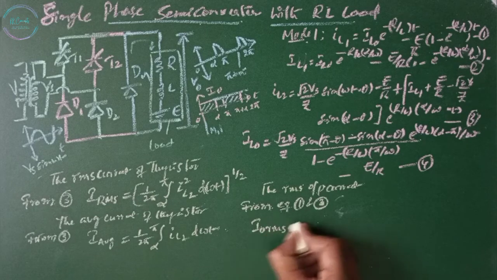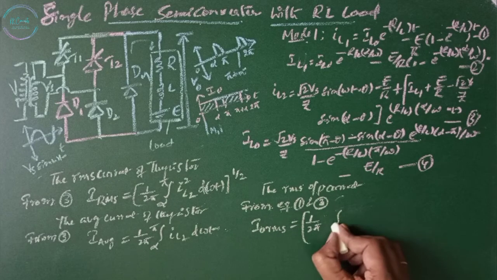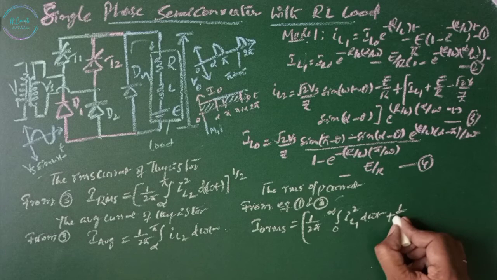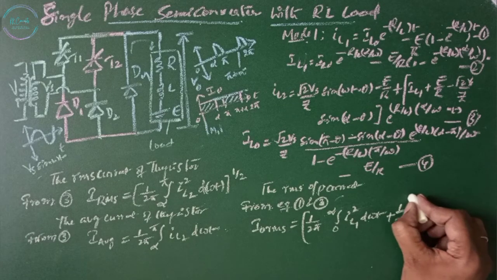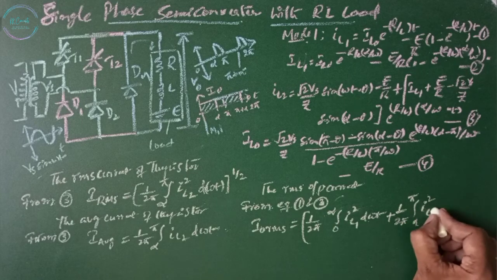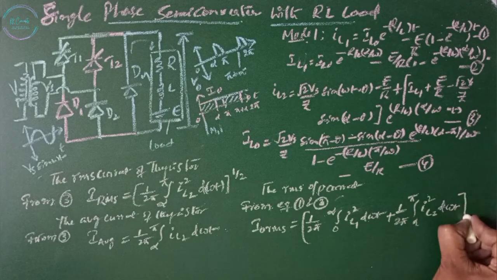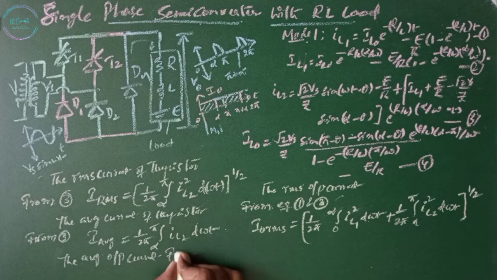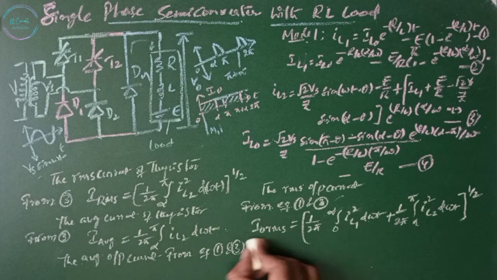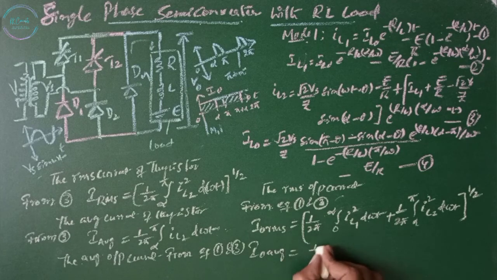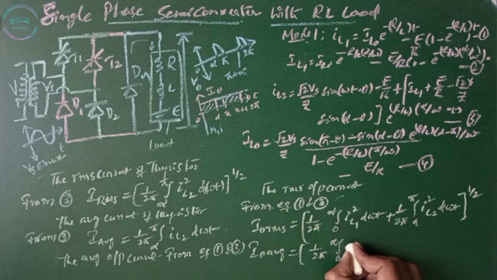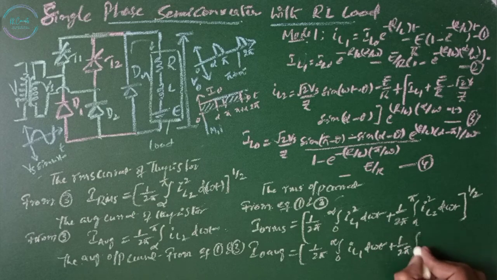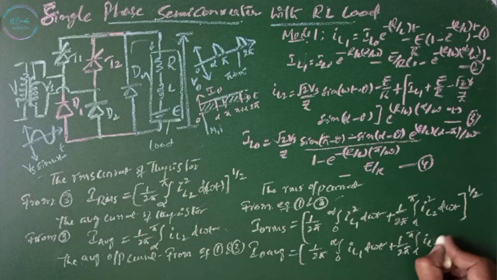I0 RMS equals the square root of 1 by 2 pi integral 0 to alpha of I square L1 d omega t, plus 1 by 2 pi integral alpha to pi of I square L2 d omega t. The average output current can be found from equations 1 and 3, where I0 average is given by 1 by 2 pi integral 0 to alpha of IL1 d omega t, plus 1 by 2 pi integral alpha to pi of IL2 d omega t.